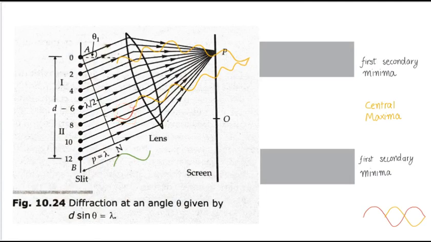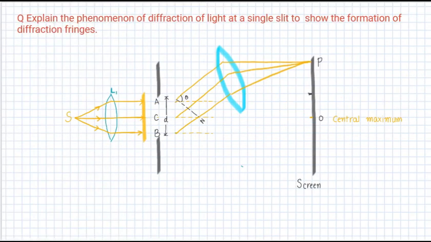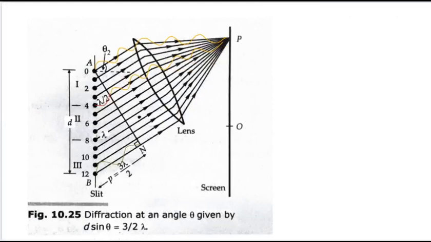If the path difference of lambda by 2 was coming into the picture, then the two waves interfere destructively. The same case will be observed here also. There is an extra path difference of lambda by 2, so the two waves will interfere destructively. Therefore, at this point P, the resultant of the light coming from point O and point 4 will cancel each other and you will get no effect.